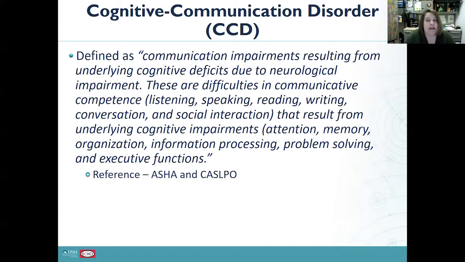And the reason that we have this term is to really get people out of the aphasia box, because it's not serving our people who have brain injury that is somewhere else besides focal left hemisphere.